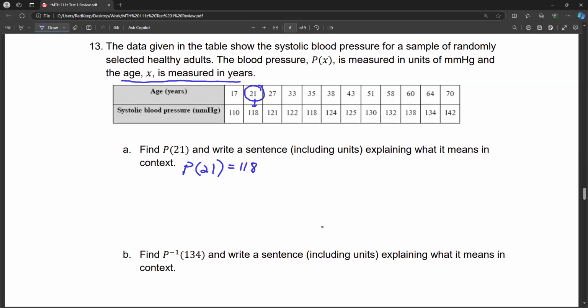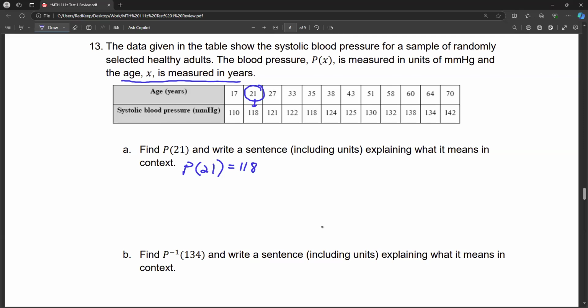Okay, so this is just the first task, right? Now they're asking us to write a sentence, including the units, explaining what it means in the context of the situation. And so for this scenario, this would be the blood pressure, right, of a 21-year-old in mmHg.